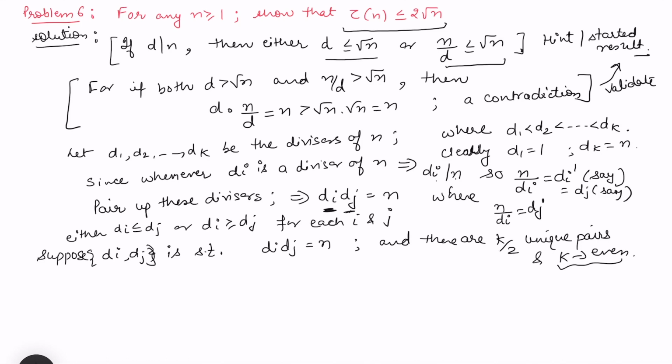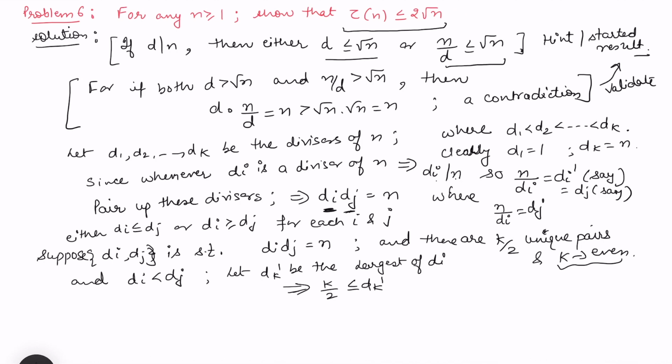We also consider that di is strictly less than dj, and let dk dash be the largest of these di's. So we first choose that dj is greater than di, and then we choose dk dash as the largest of the di. Because dk dash is the largest, k by 2 is less than or equal to dk dash, because we have created that many unique pairs.